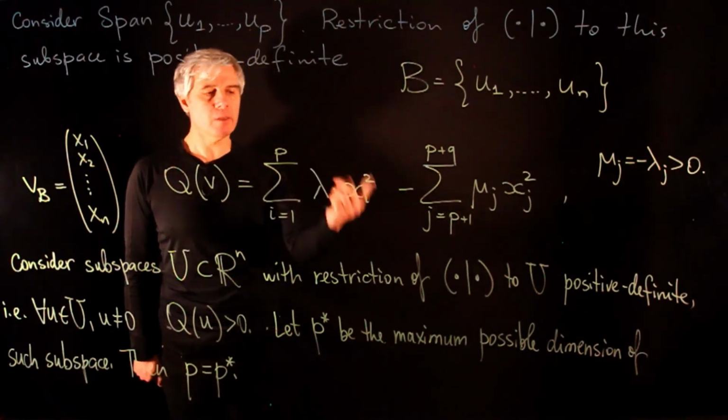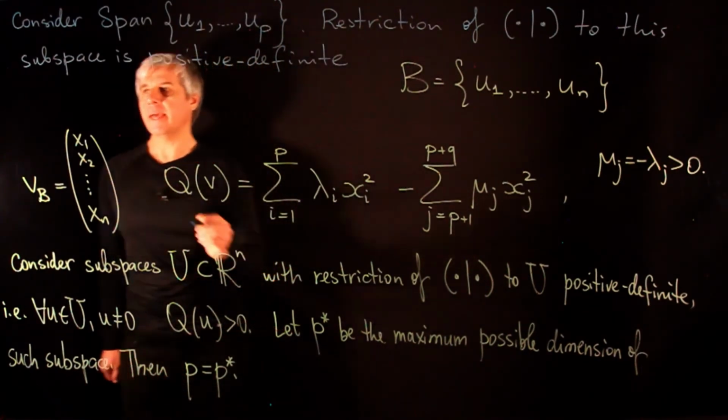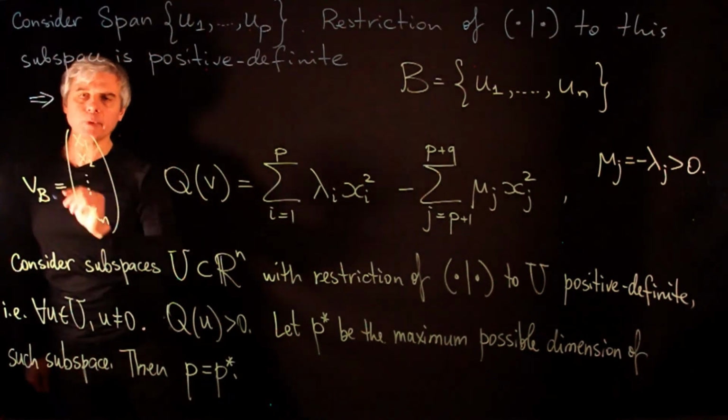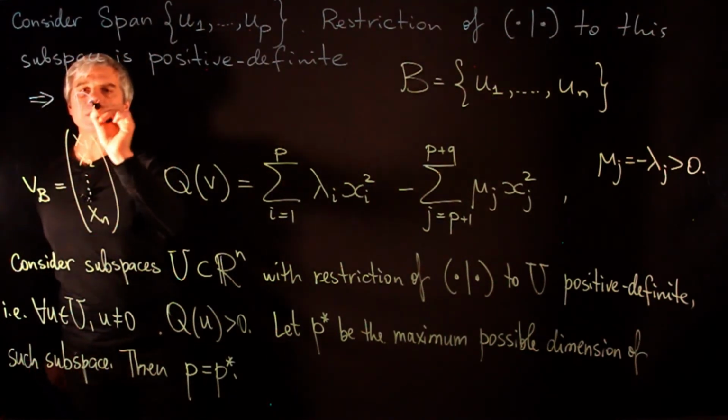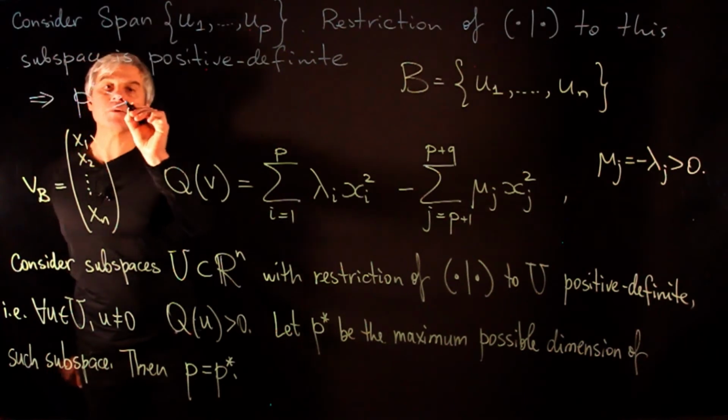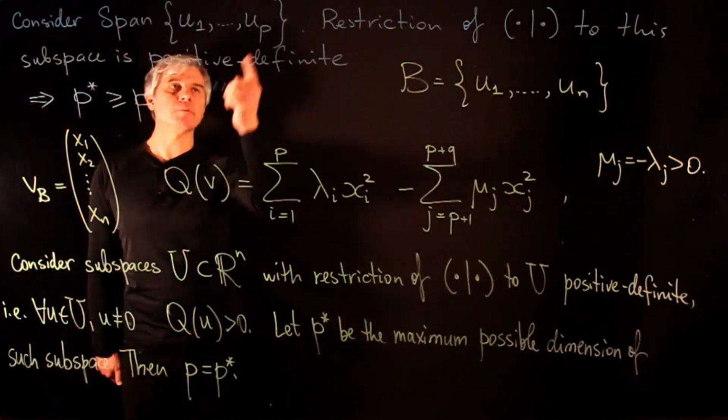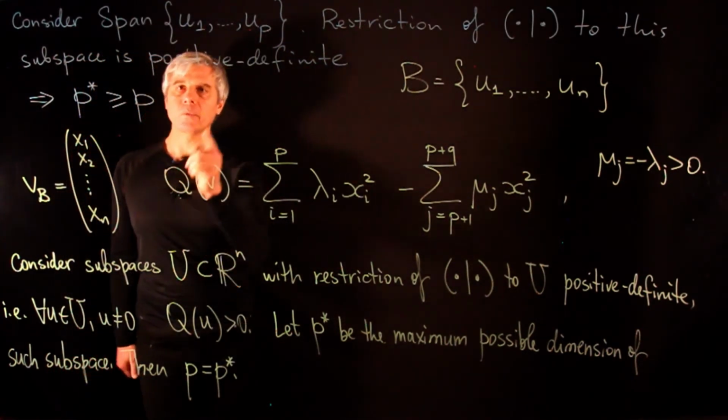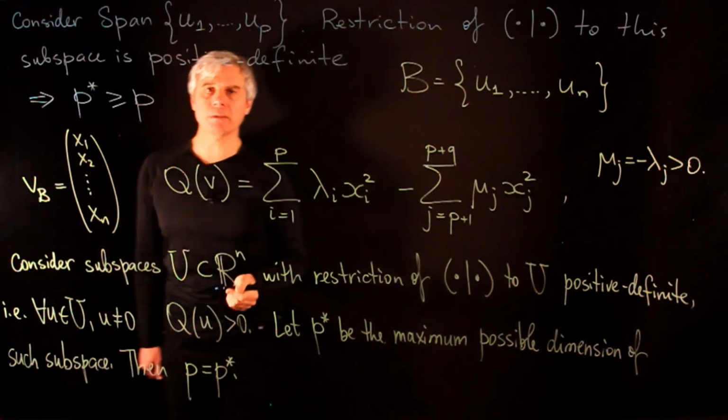So clearly this is positive definite. And then this implies that P star is greater or equal to P, because now we have a p-dimensional subspace with the positive definite restriction.